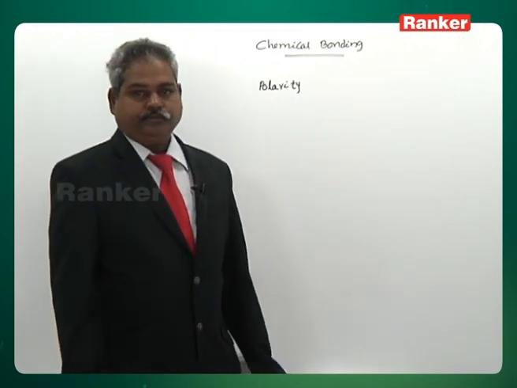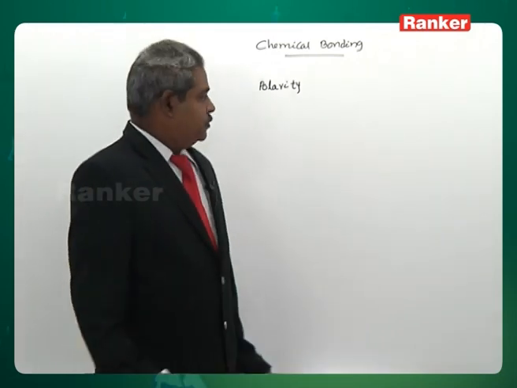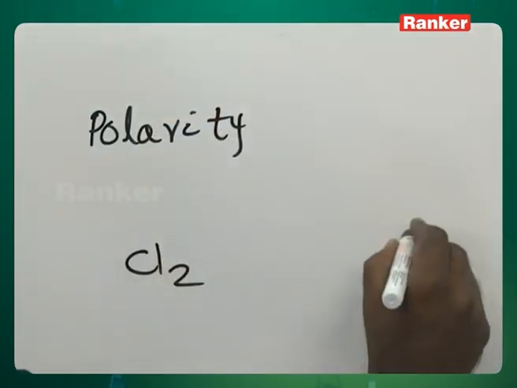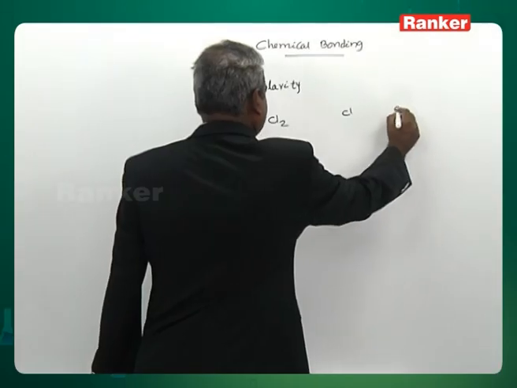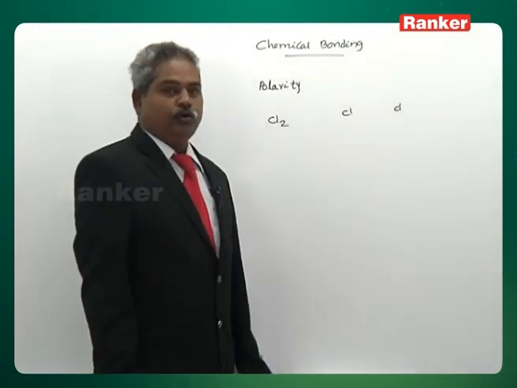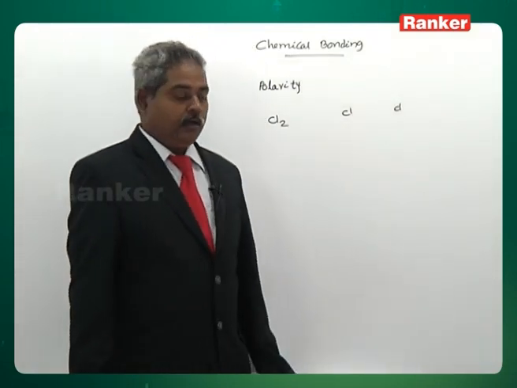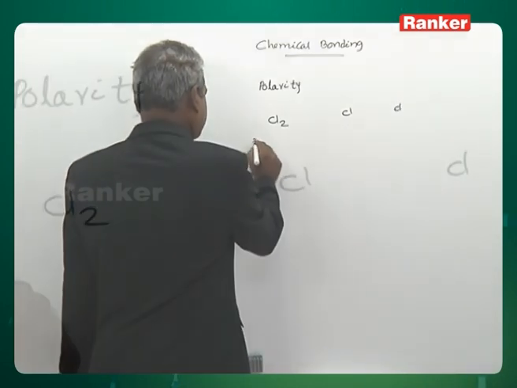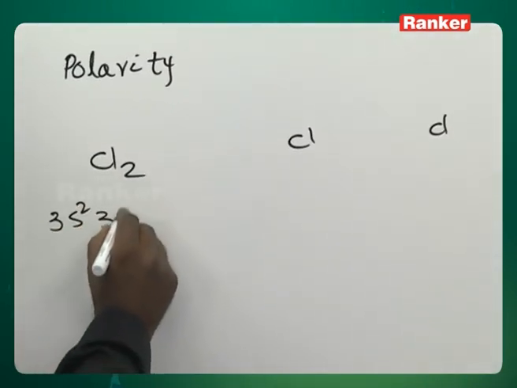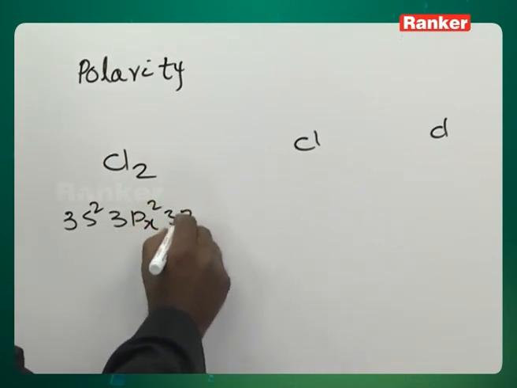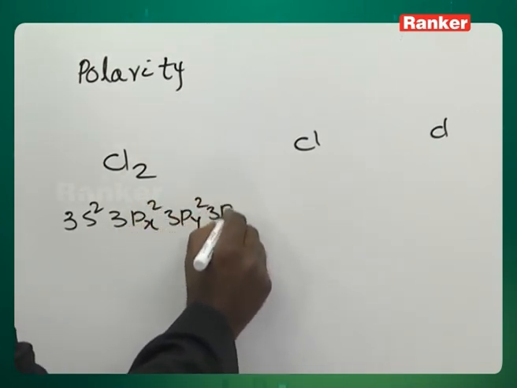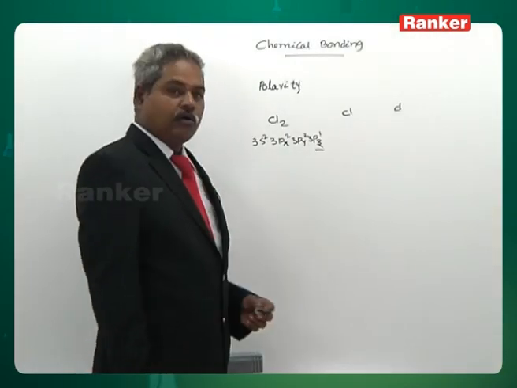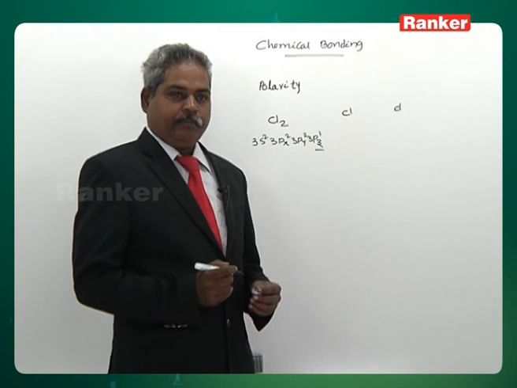Look here. Suppose there is a molecule called Cl2 in which 2 chlorine atoms are participating. And you know only the last electron, that is 3s2, 3px2, 3py2, 3pz1. Only this particular unpaired electron participates in bonding.